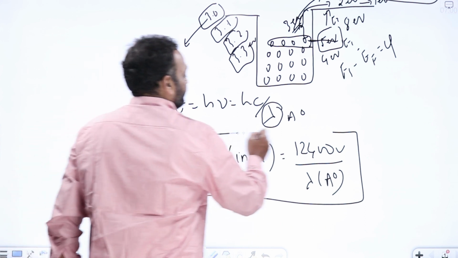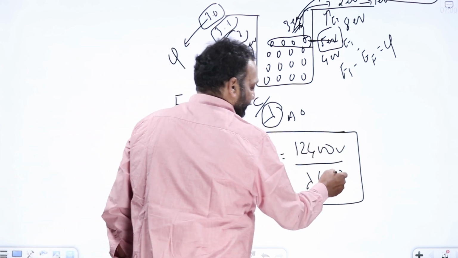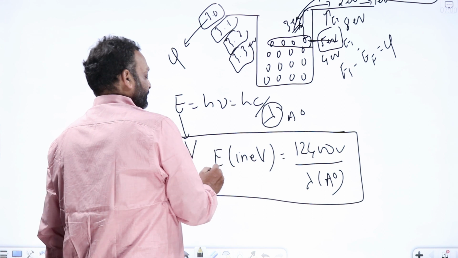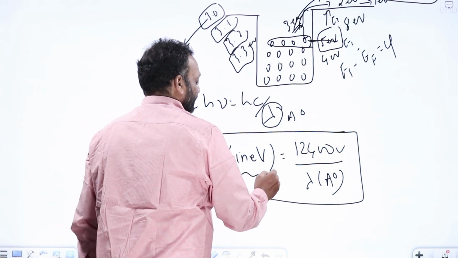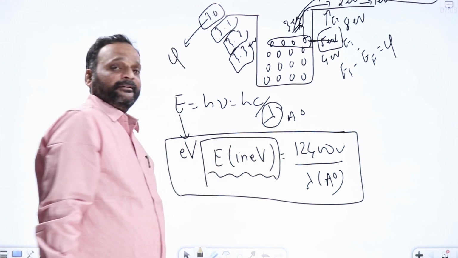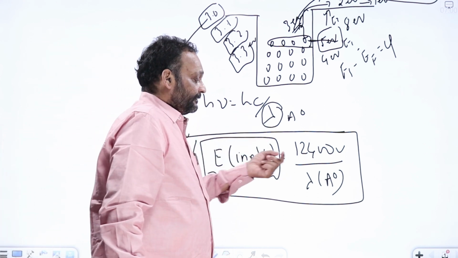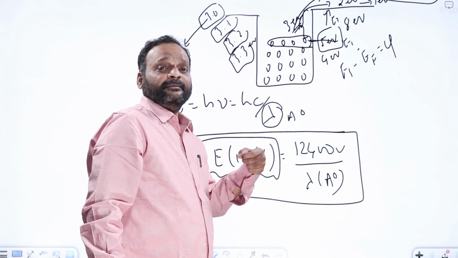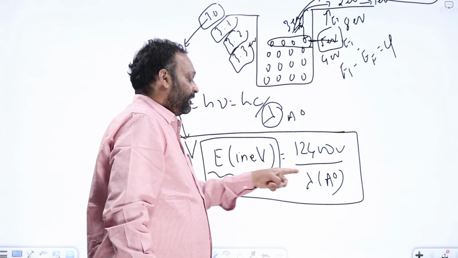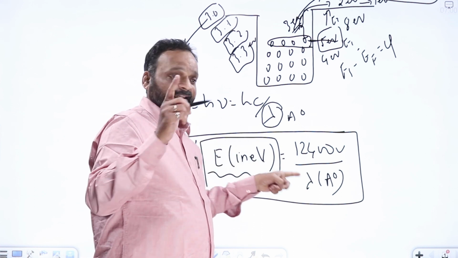When you take 12,400 by lambda, with lambda expressed in angstroms, whatever result we get is the energy in electron volts directly. No other conversion factors are required. Nowadays the wavelengths are being given in nanometers. 1 nanometer equals 10 angstroms.